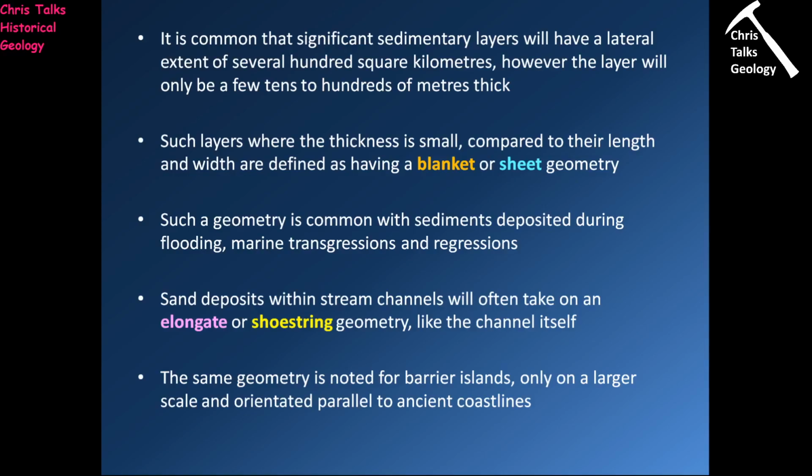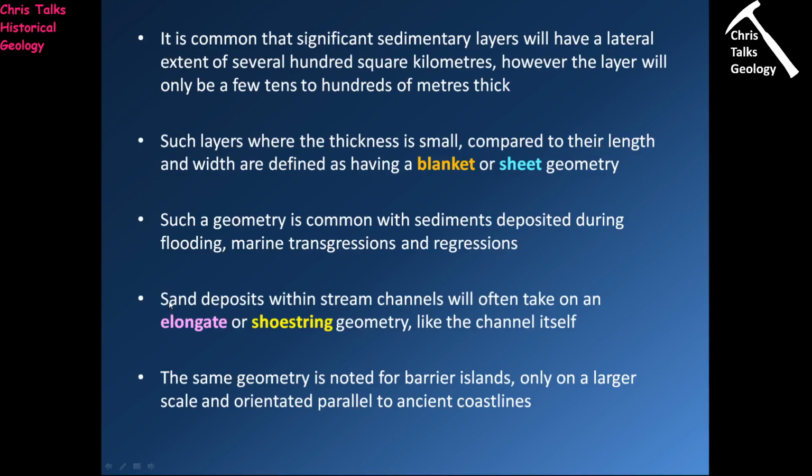So the river itself will be visible in the sedimentary sequence as a line of sandy sediment. This line of sediment is described as having an elongate or shoestring geometry. If you were to look down on this layer of sandy sediment, you would see that it wiggles around the map a bit like a river.